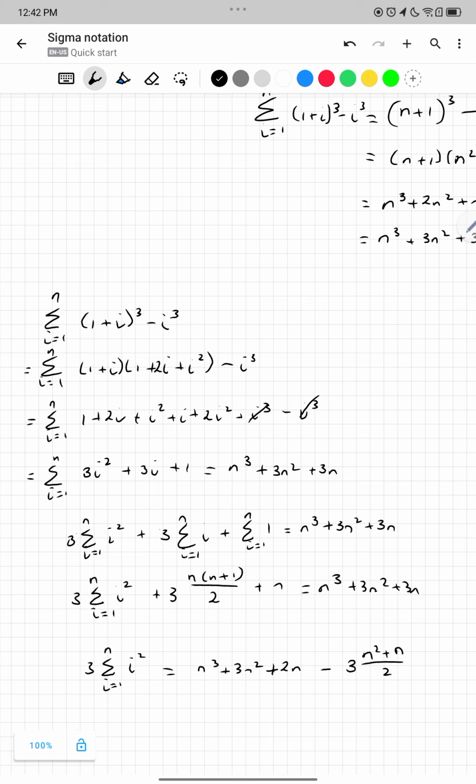So we have 3 times the sum from i equals 1 to n of i squared is equal to n cubed over 2 plus 3n squared over 2 plus... Okay, let me just erase that. The device is correcting me a bit.